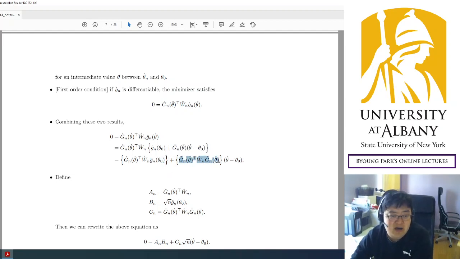And this guy will be converging to a constant, another constant matrix, applying the weak uniform law of large numbers.